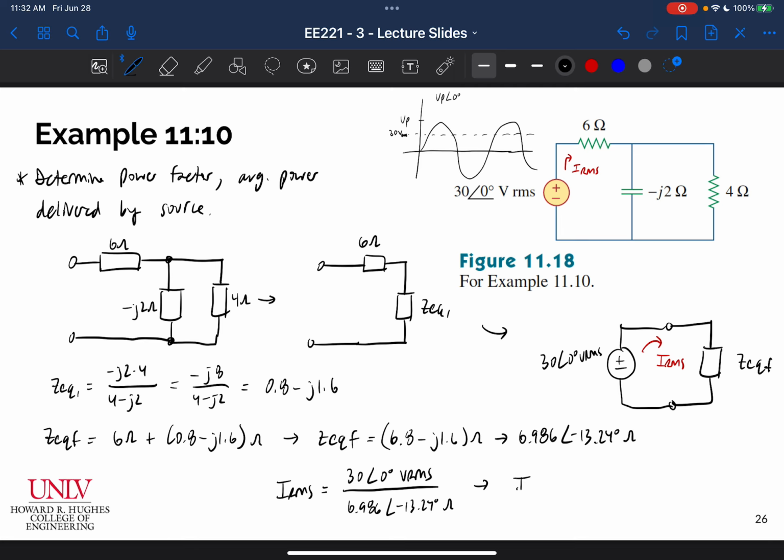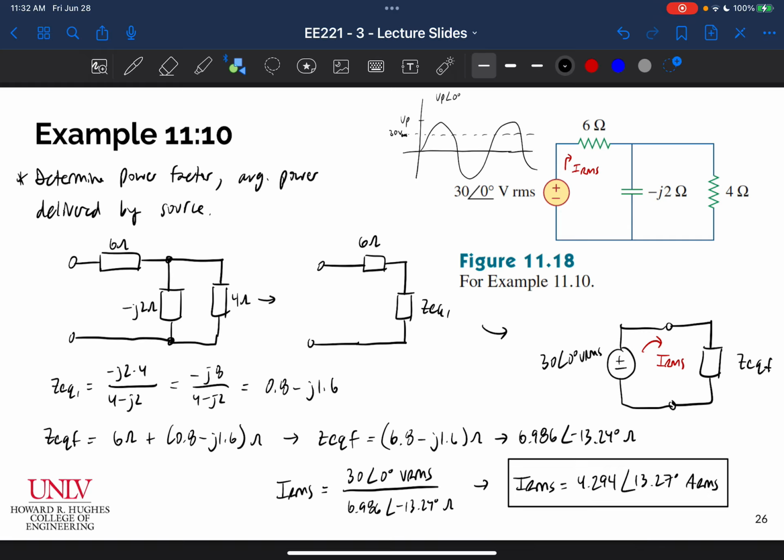That comes out to I RMS equals, dividing the magnitudes, 30 divided by 6.986, which gives me 4.294. Then my angle is 0 minus negative 13.27, or 13.27 degrees, amps RMS. So I've got my current RMS, and of course I've got my voltage RMS, which was given.